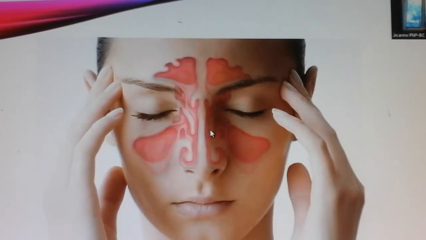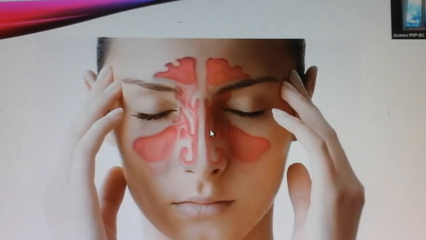Well, first we want to avoid triggers, right? But then also we could do controller or prevention meds. The first line is intranasal steroids, right? And if we want to relieve their signs and symptoms, or for those acute symptoms, we can do some antihistamines, okay?